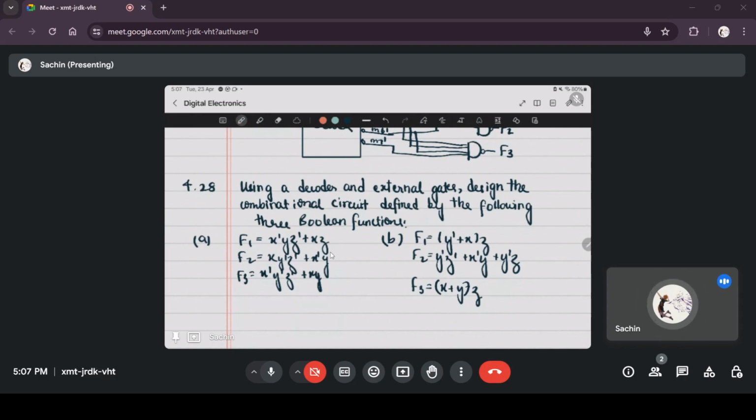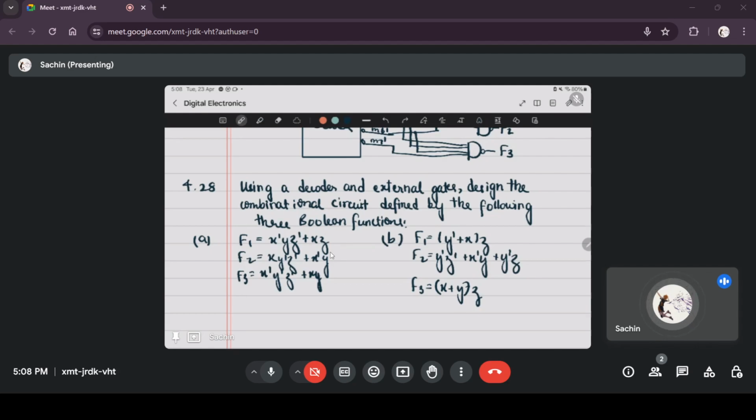The only difference here is that the expression doesn't have only minterms. It has other product terms, which you can convert to minterms. So you have to convert the expression to its canonical sum of products form, and from there you can easily add the minterms using an OR gate.